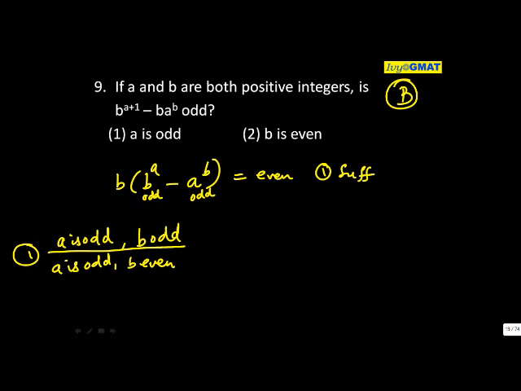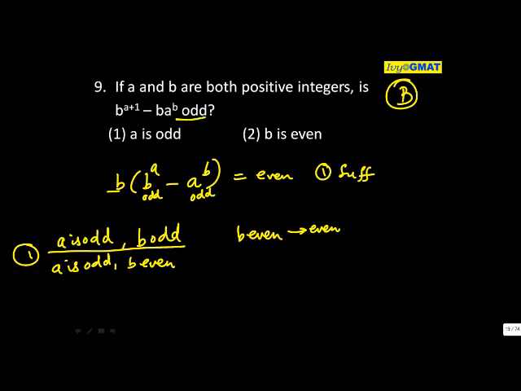If A is odd, B is odd, then this will be odd minus odd, which is even. And now if A is odd and B is even, what will happen? If B is even, then this will become even into anything. Right or not? Even into anything is what always? Even. So if B is even, then again the expression is even.